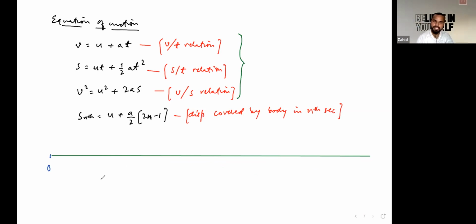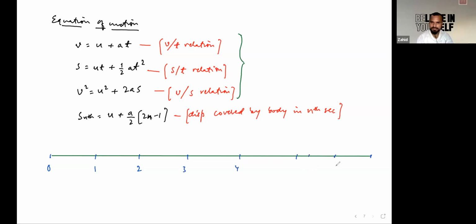This is your starting point, t equal to 0, then 1, 2, 3, 4, 5, and so on to some nth time. So first second, second second, third second, fourth second, and so on.